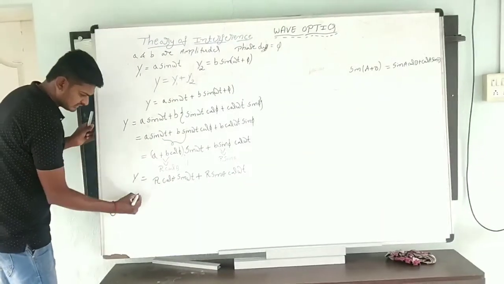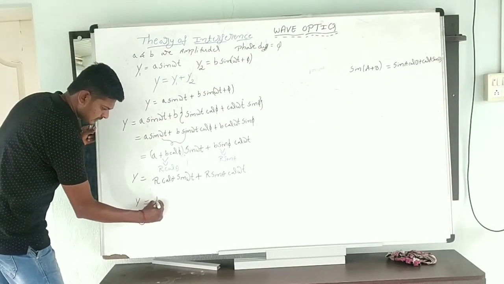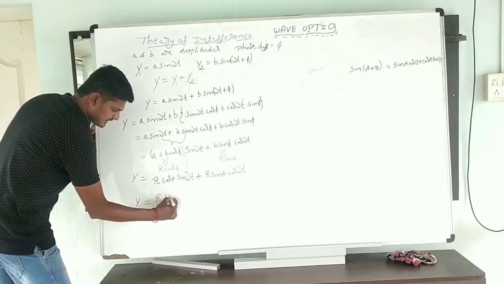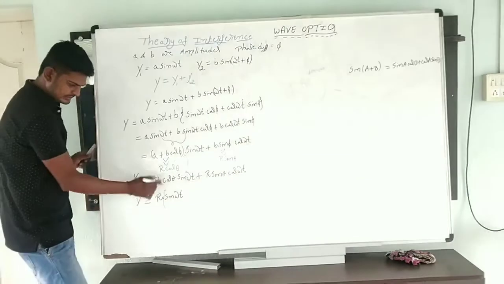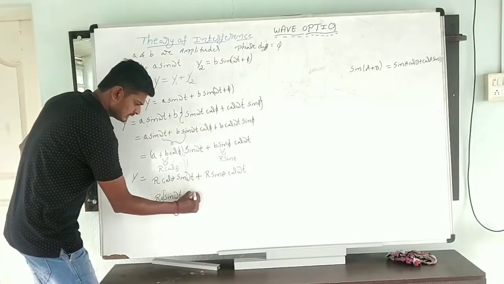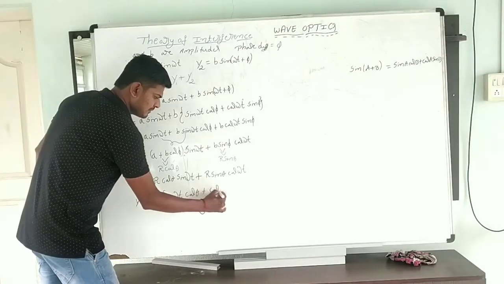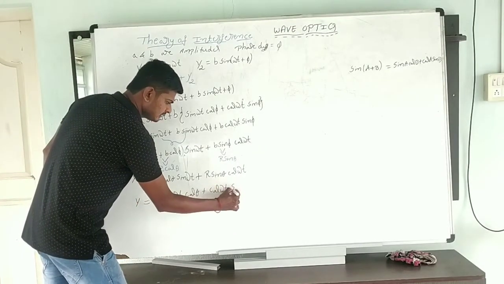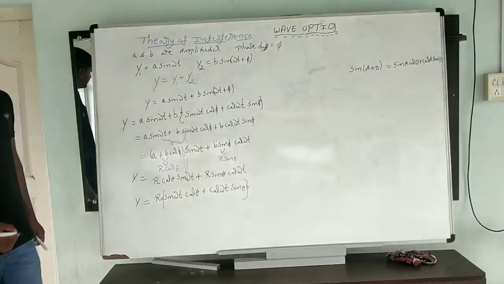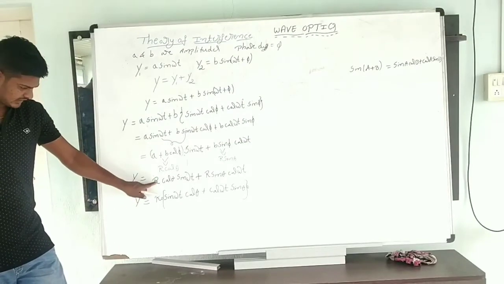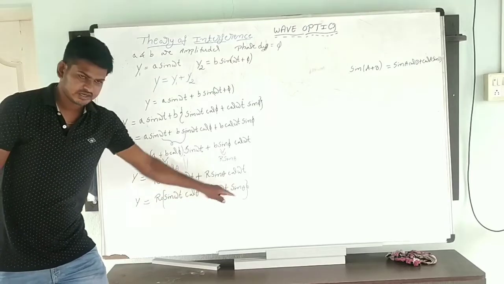Now I am going to rearrange the terms. Taking R outside, y is equal to R (sin omega t cos theta plus cos omega t sin theta).